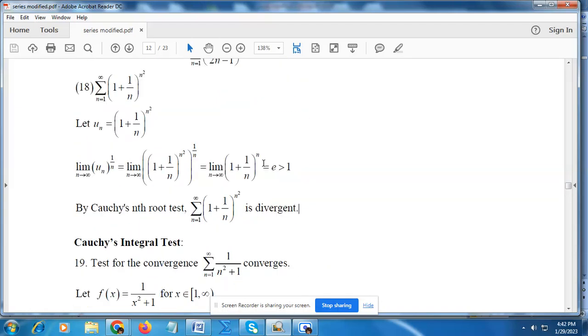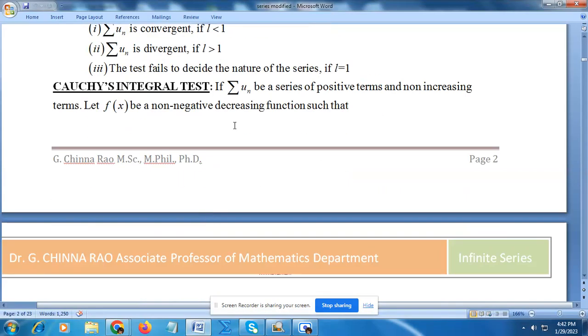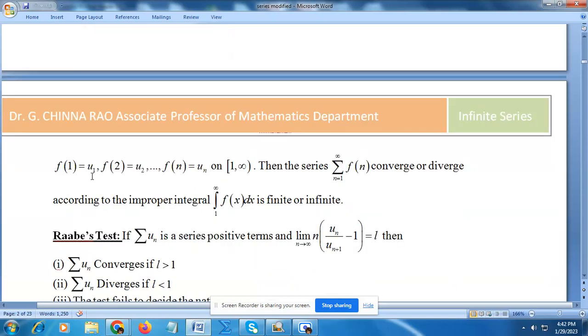Now we go for Cauchy's integral test. Let un be a series of positive, non-increasing terms. Let f(x) be a non-increasing function such that f(1) equals u1, f(2) equals u2, and so on, f(n) equals un on the interval [1, infinity).